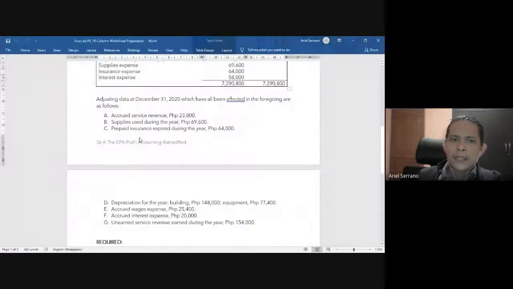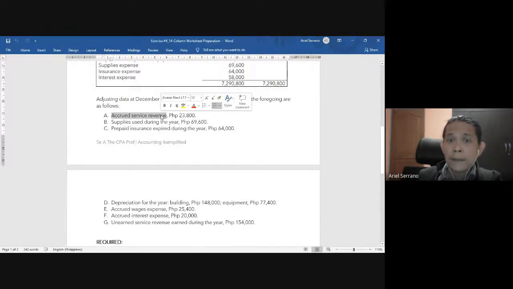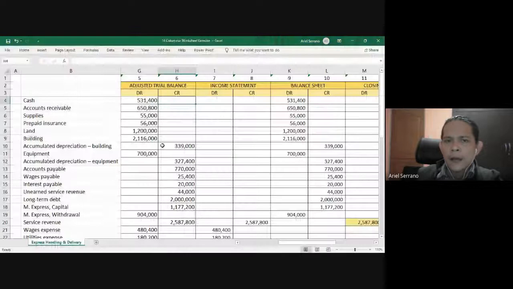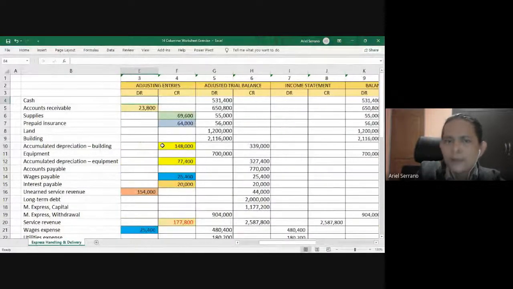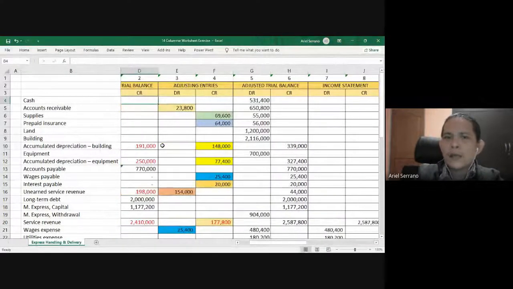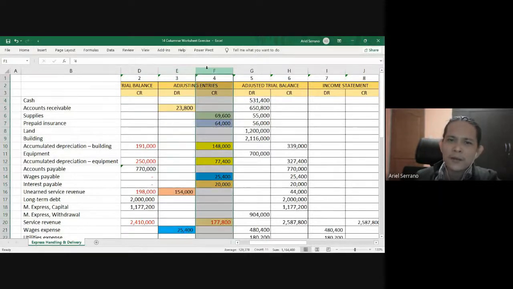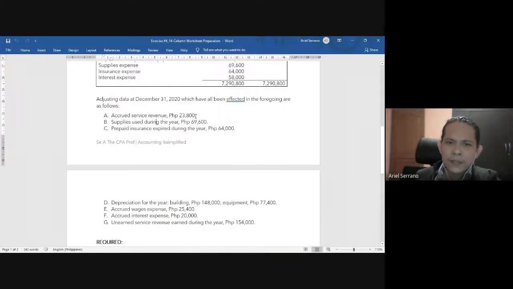Okay. In this case, the accrued service revenue is an accrued income. Okay? As if we will go back in columns 3 and 4, there is a color coding. I made a color coding here. Now, let's find this amount, 23,800 for accrued service revenue. What is our adjusting entry for this one?